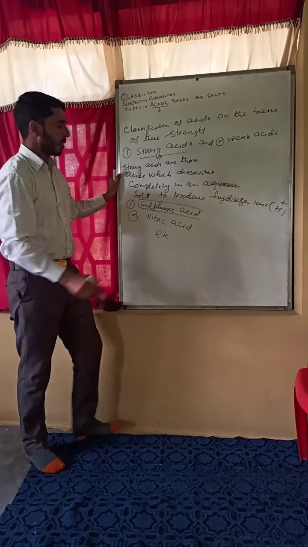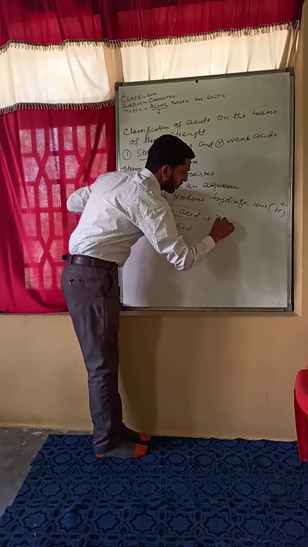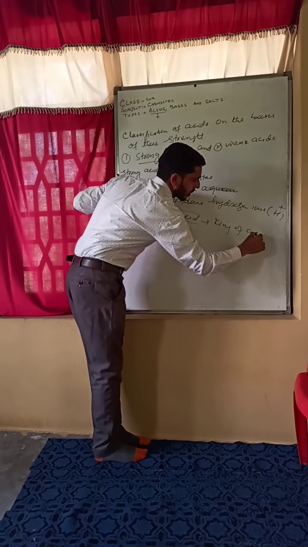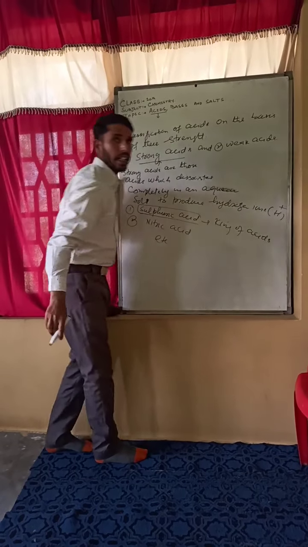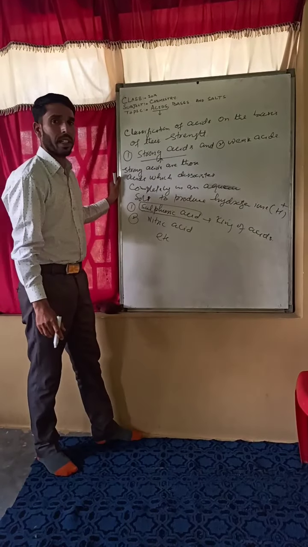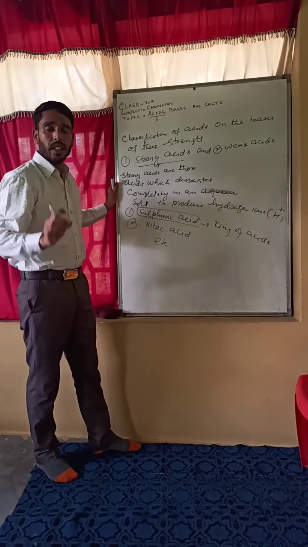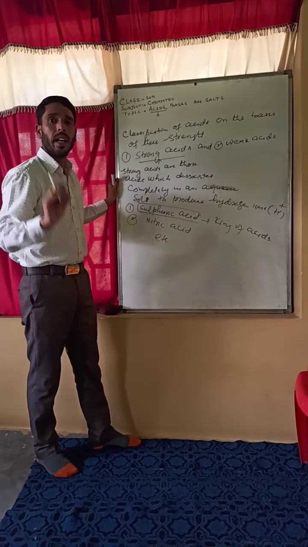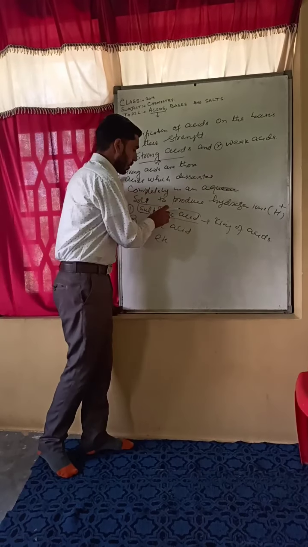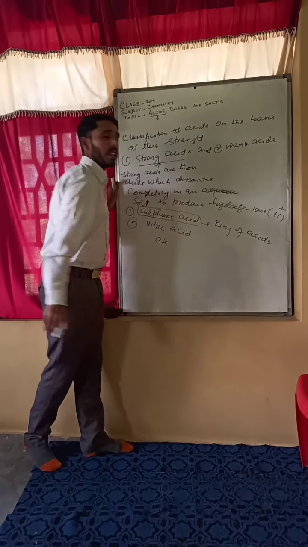Sulfuric acid is also called the king of acids. Now you may ask me a question, why? Because sulfuric acid is the most reactive acid and many other acids dissolve in this acid. That is why it is called the king of acids.